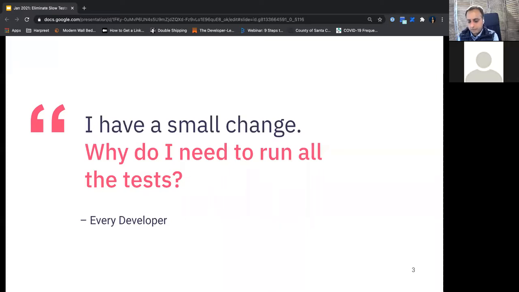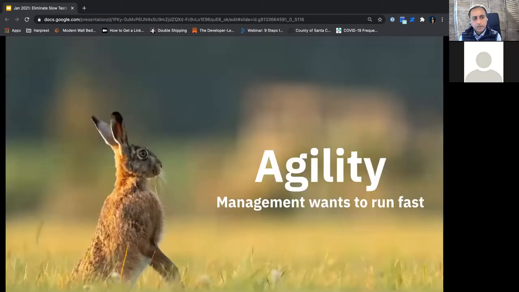Now the other side of it, if you go one level up in the management chain, it's all about agility. Management wants to run fast. We as engineering managers are trying to deliver things fast. There's been a tremendous pressure to deliver fast, and how do we deliver fast is the constant question that comes in.